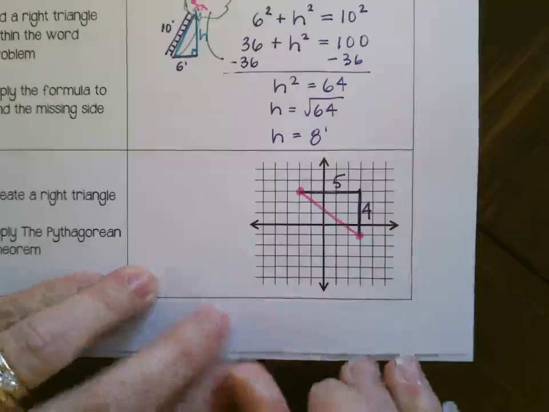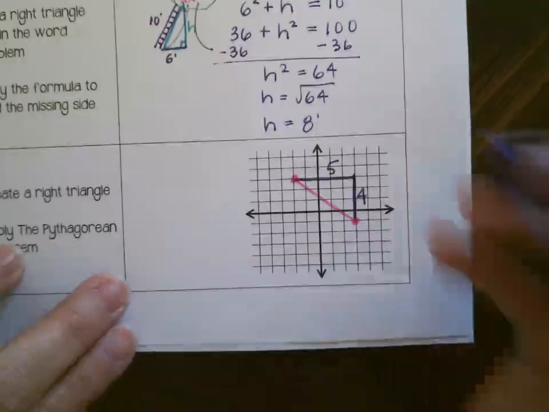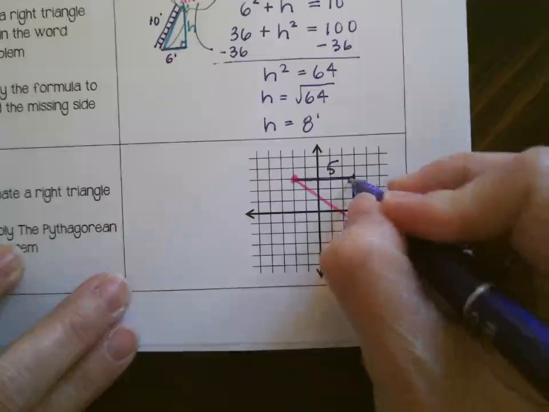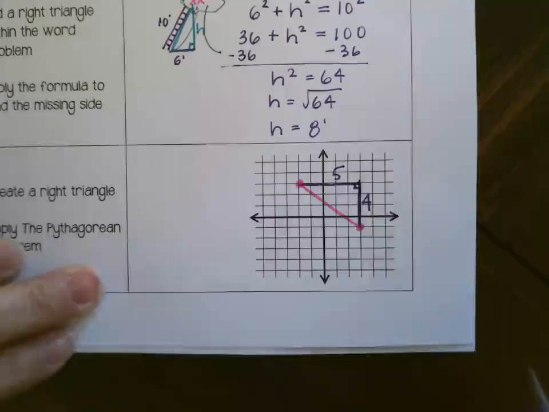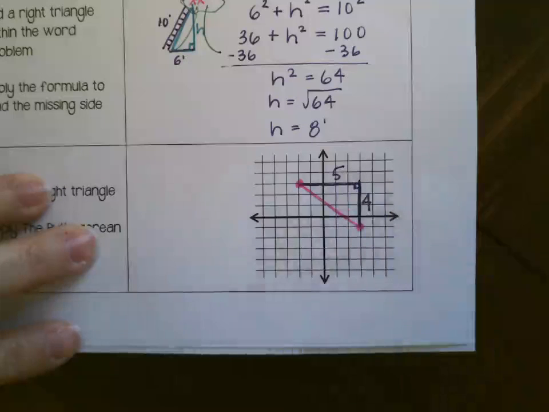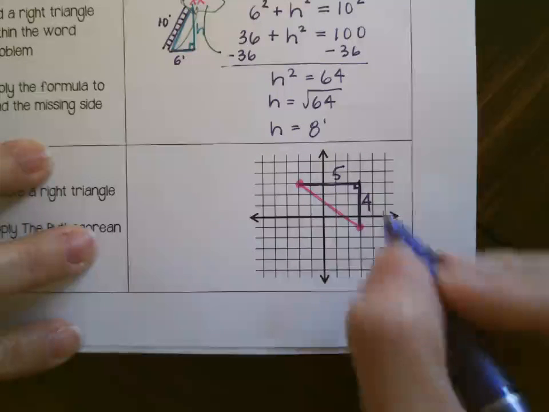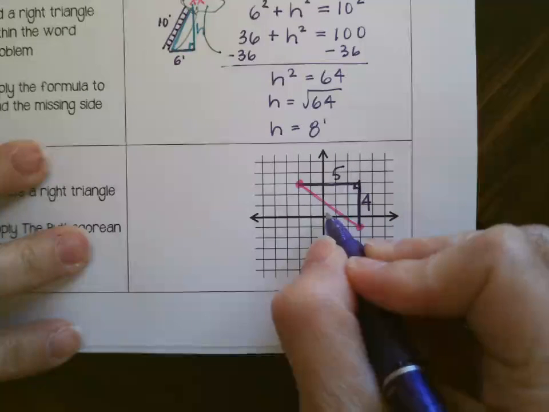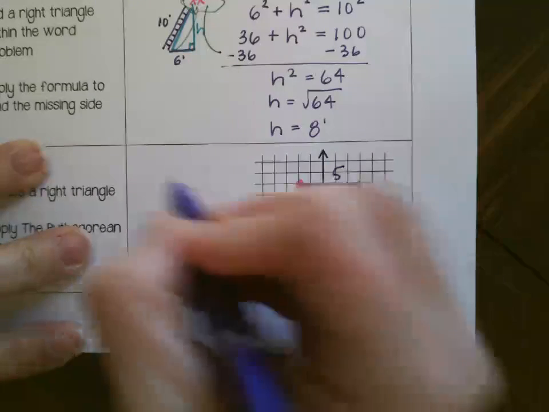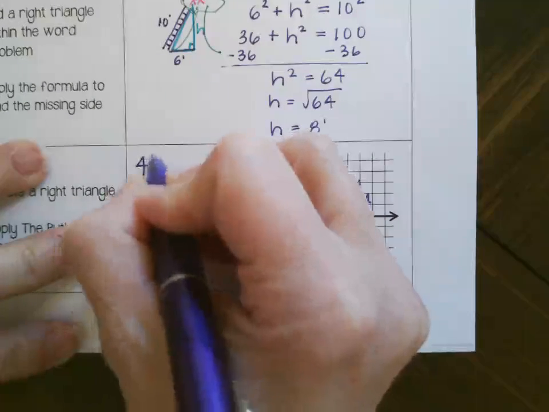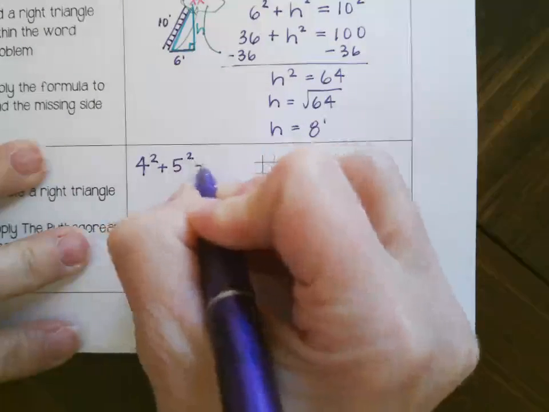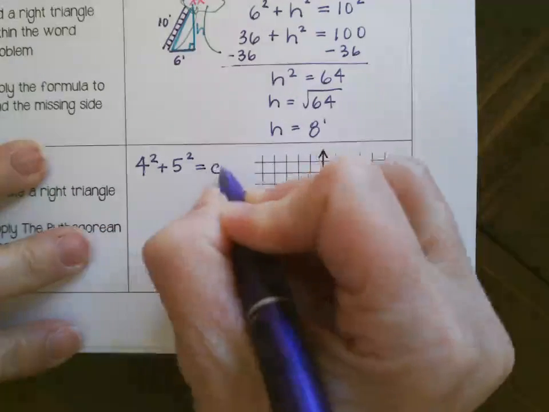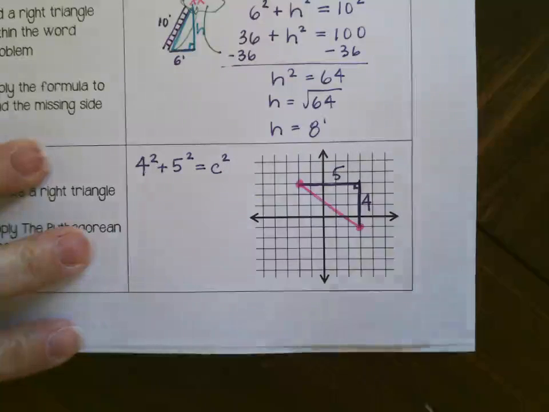So now I can use Pythagorean Theorem to figure out the length of that side. So to do the work, I know that the 4 and the 5 are my A and B. So I'm looking to figure out the C. So A squared plus B squared equals the missing side squared.